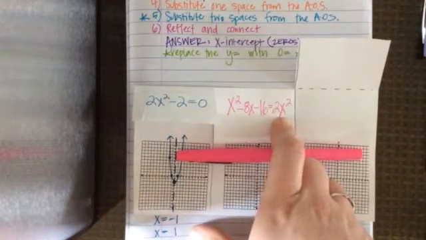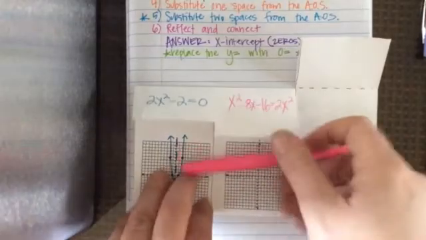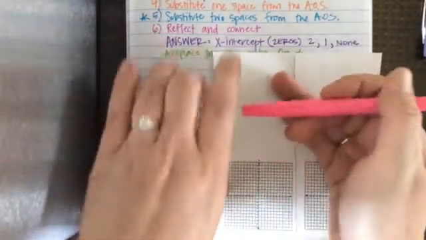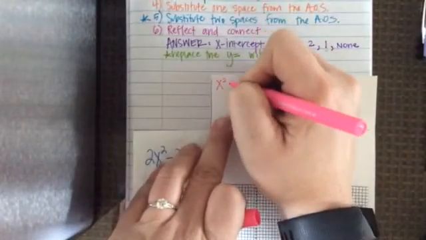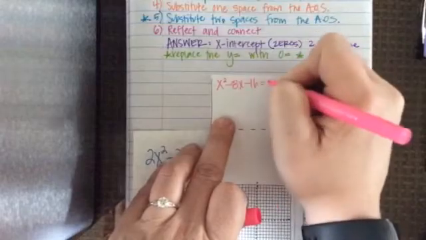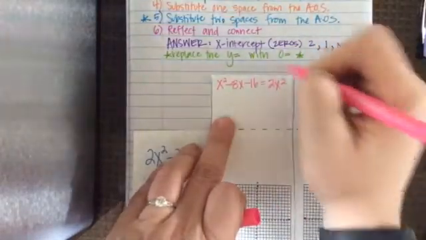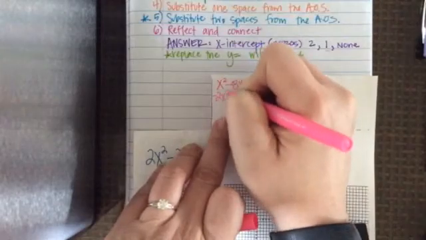So if you subtract something from one side of a problem, you have to subtract it from the other side, right? Inverse operations. So I'm going to open this flap up and I'm going to do the math inside. So I'm going to put x squared minus 8x minus 16 equals 2x squared, and I'm going to subtract 2x squared from both sides.